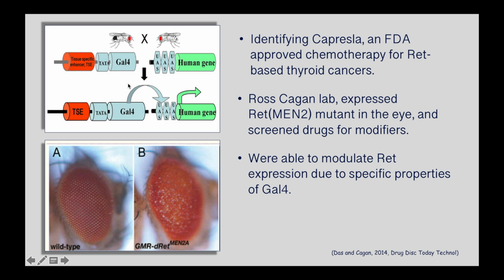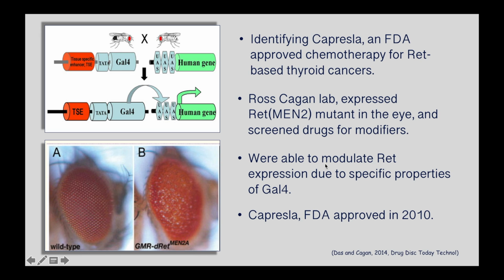And they were able to use a specific property of the Gal4-UAS system to modulate the amount of RET expression within this developing eye. And that property is temperature sensitivity of the Gal4. So at lower temperatures, Gal4 is less active, and at higher temperatures, Gal4 is more active.